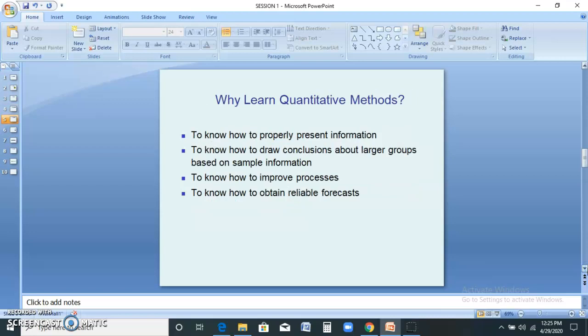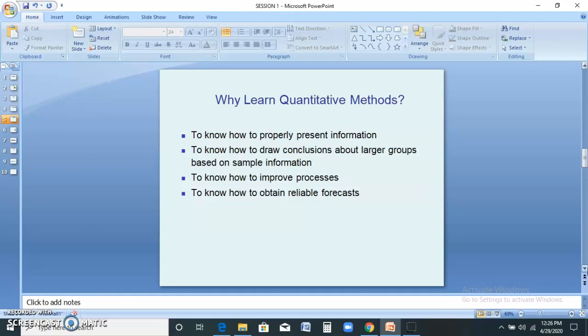So my dear friends, if you ask me why we should learn quantitative methods, by learning this course, we would be able to properly present information. We would be able to draw conclusions about larger groups based on sample information.